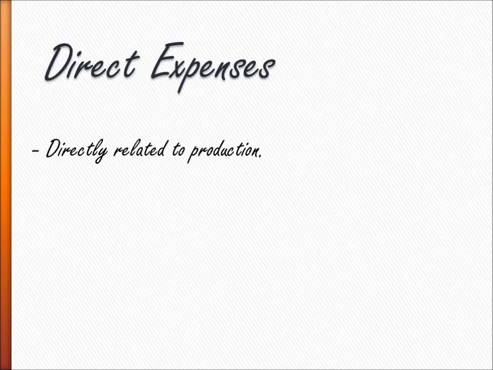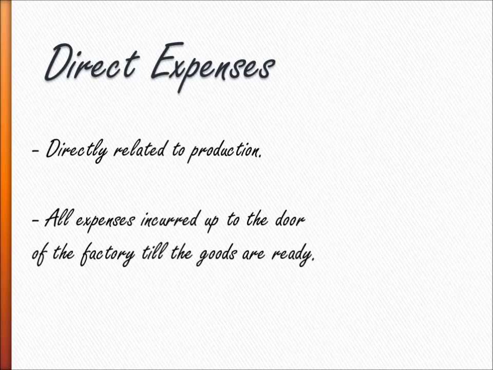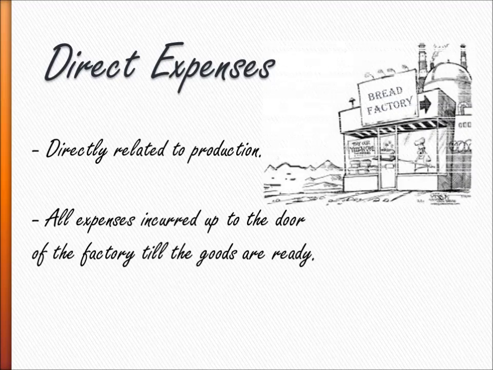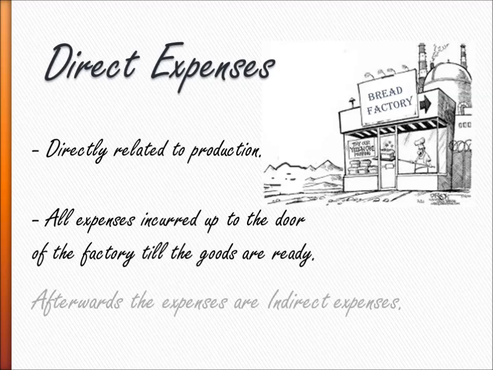To make it more convenient, I can say the expenses incurred up to the door of the factory. Suppose you are running some factory, you are publishing books, or you are making bread and biscuits in your factory. All expenses and losses up to the door of factory, when the goods are ready, up to that point, the expenses are direct, and after that, all expenses are indirect.